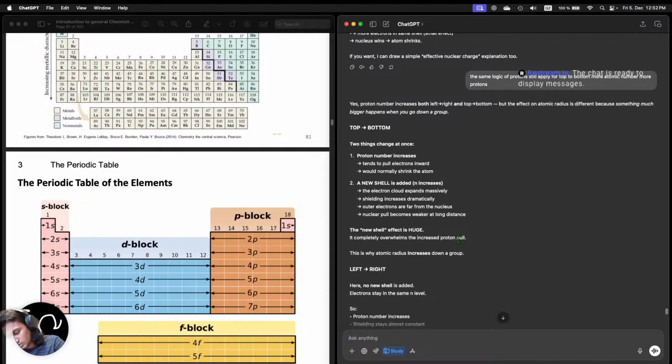So now it's electron affinity. It's the energy released when adding an electron.